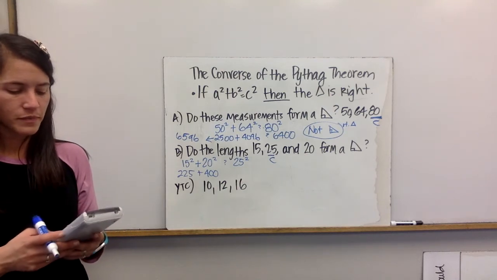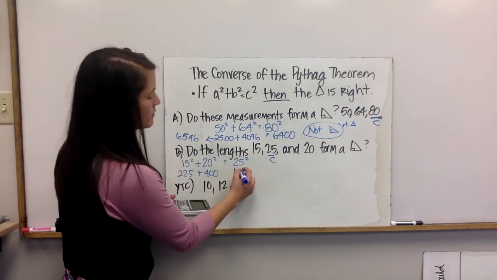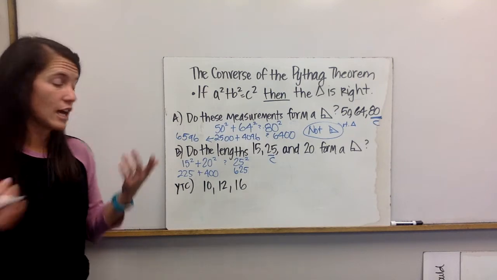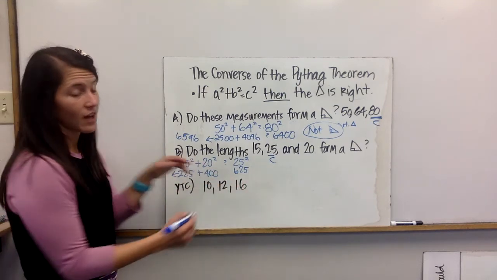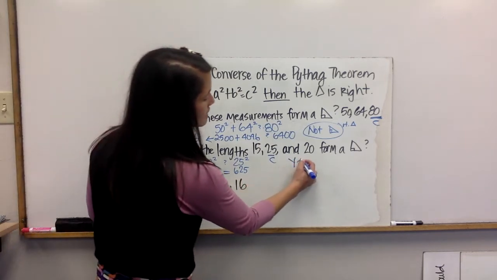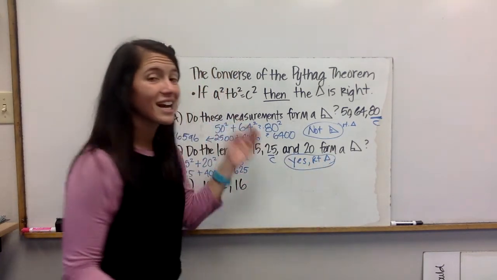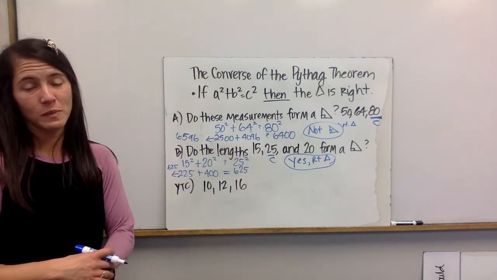Let's just make sure. 25 squared is 625, yes. So 225 plus 400, I know, is 625. 625 equals 625, so the answer is yes. This is a right triangle. Because my values fit into the Pythagorean theorem, this has to be a right triangle.